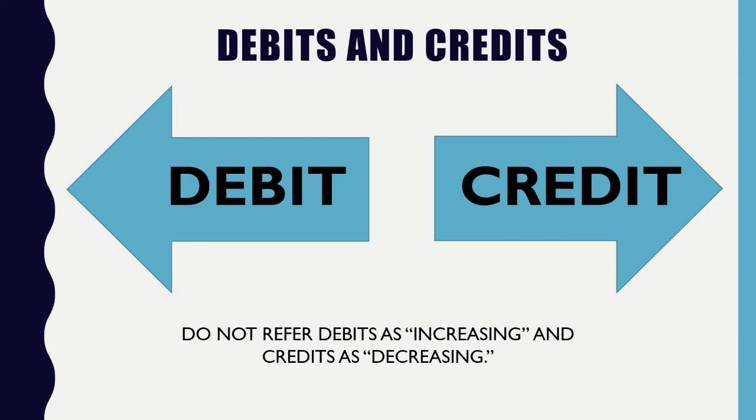But there are some scenarios where I will be asking you, if this is an asset, okay, and I bought something, how do I interpret this? Since I spent the money, I'm going to be decreasing my account with a credit, okay?